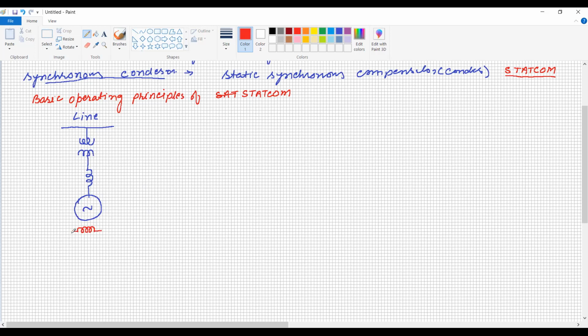So this is the excitation circuit, because the synchronous motor is a doubly excited machine. It requires an AC supply for the three-phase stator and a DC supply on the rotor. It is an exciter.